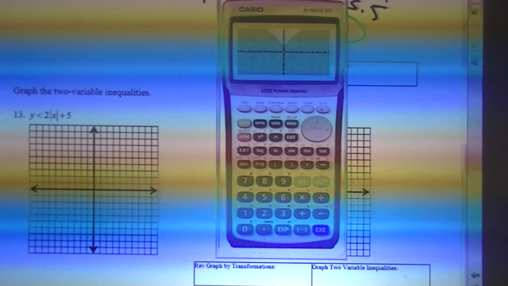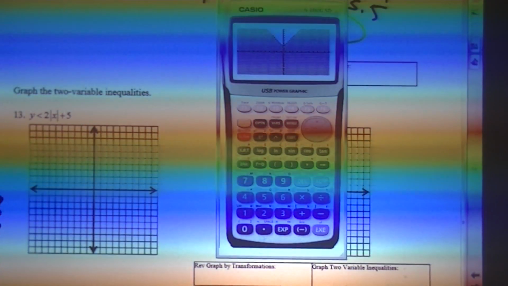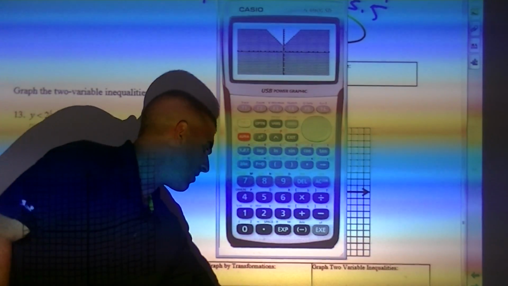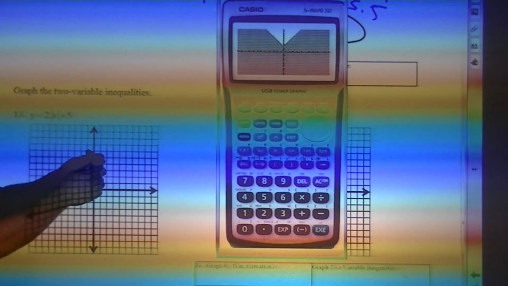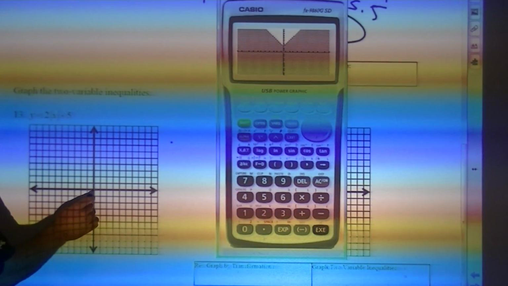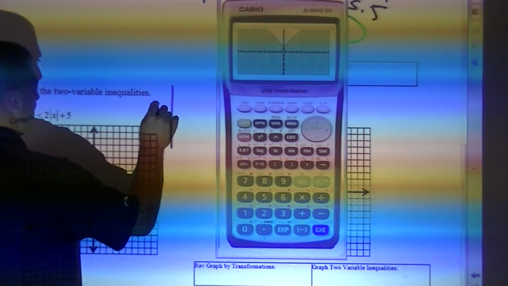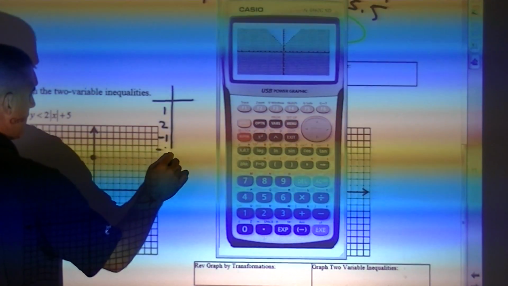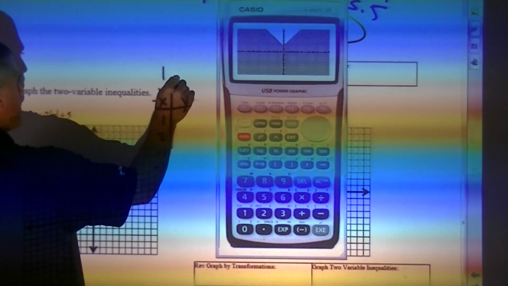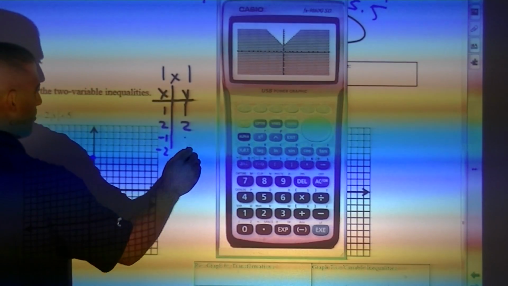Okay, here's what I got. So I know the shading is going to be below. Now, how do I do this? Very simply, the anchor point would be 0, 5. Reminder of the points: 1, 2, -1, -2, x and y. I'm still using the absolute value. That's 1, 2, 1, 2.